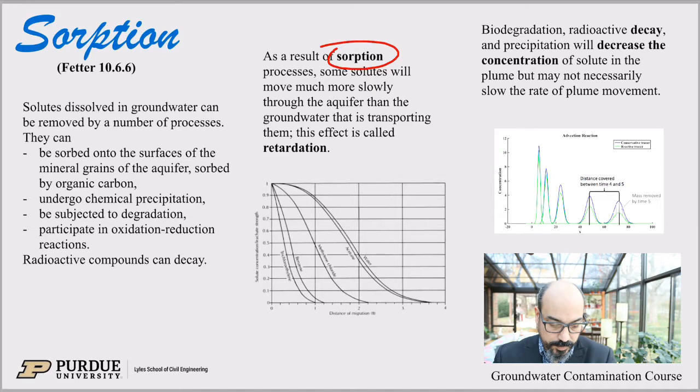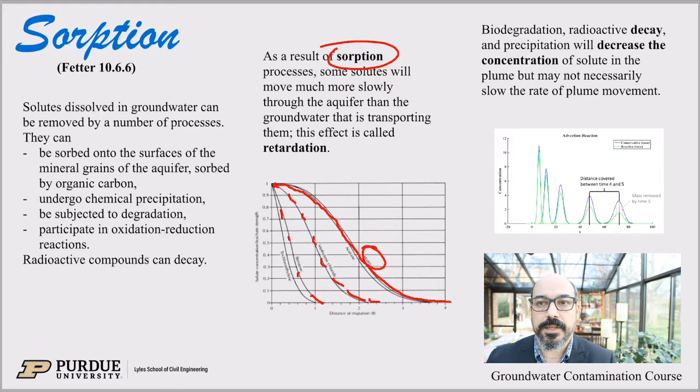So here's an example of retardation, where we can see benzene here. So water is here, the very first elution or the very first breakthrough curve, right? And then you can see that different organic compounds come out of the aquifer or out of the column, out of the porous media, at later times, essentially.